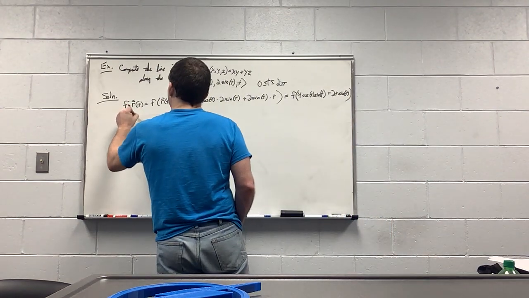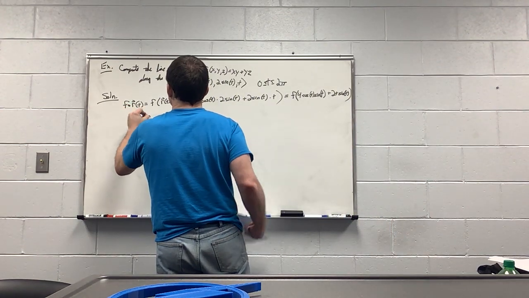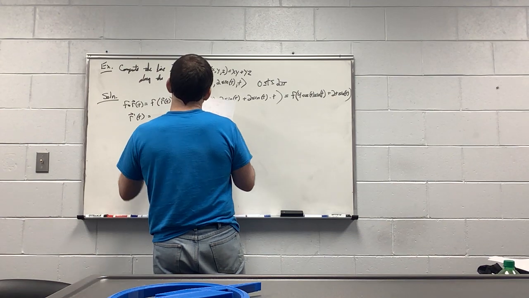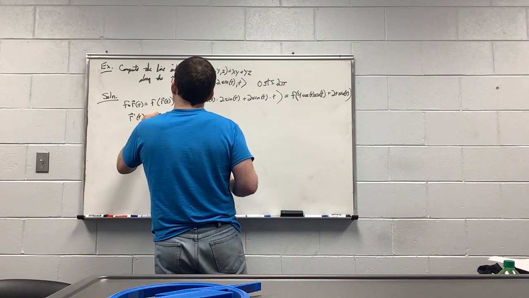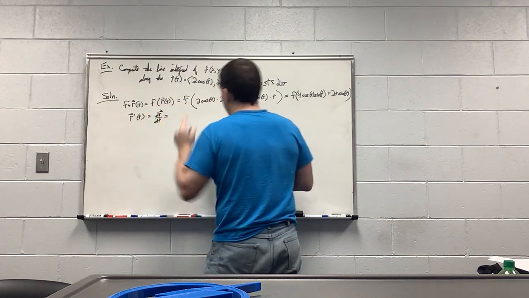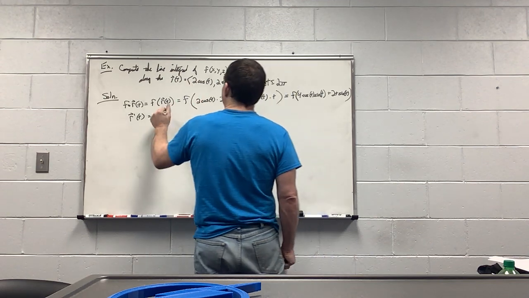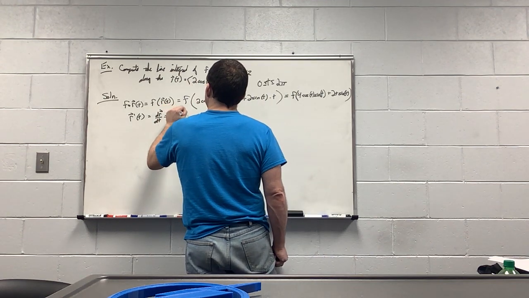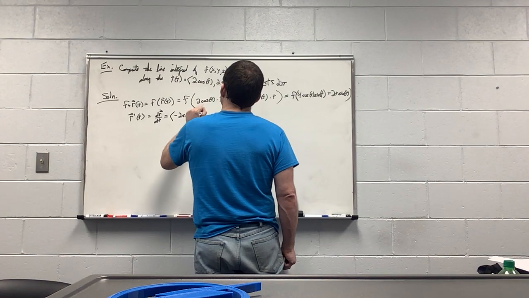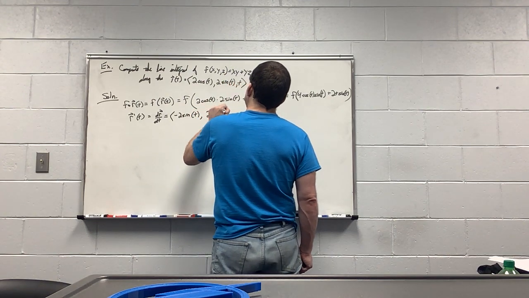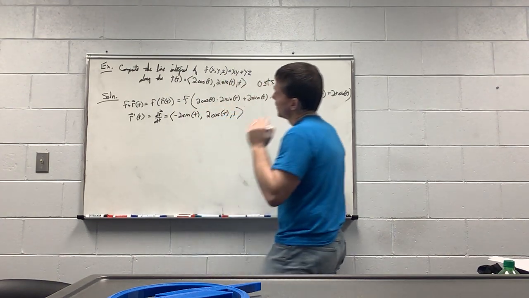I'm also going to need r prime of t, and in particular the magnitude. So r prime of t, we know, is dr dt, which for us, derivative of cosine is negative 2 sine t, 2 cosine t, 1.